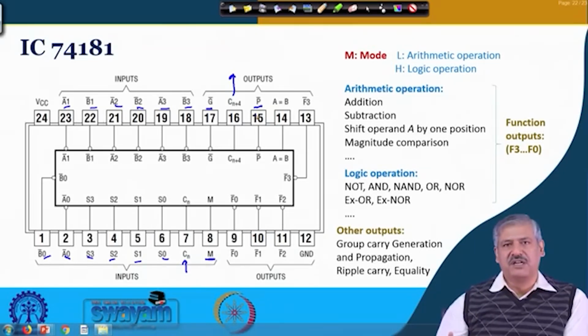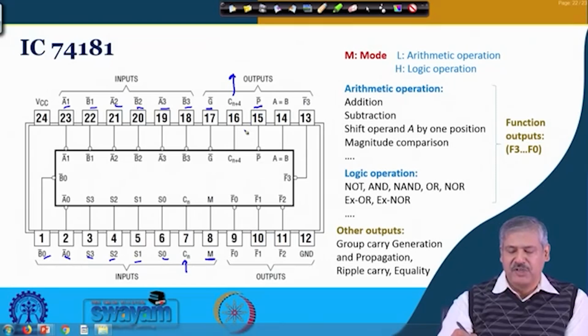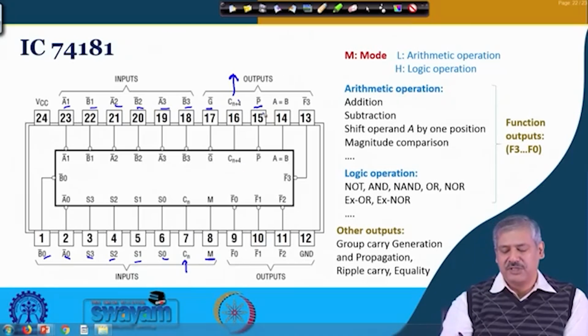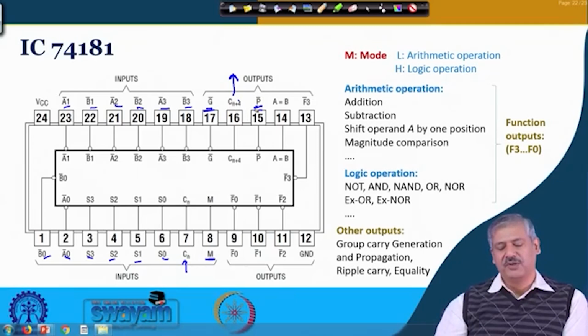Internally it is doing fast addition, but if it is to be connected to other stages and you want ripple carry, then there is Cn plus 4, and if you want look ahead carry generation, for which you need the G and P terms, they are also there.